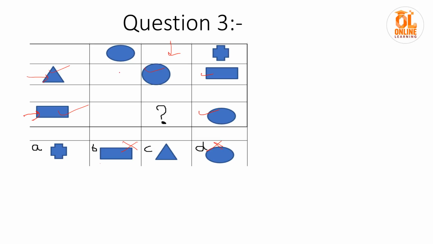So what will be present here? Plus will be present here. So in this portion, plus cannot be there, so plus must be present here, so the answer is plus. If you don't understand at the first time, then you can pause the video and check the solution again, then you will understand it. So let us move to the next question.